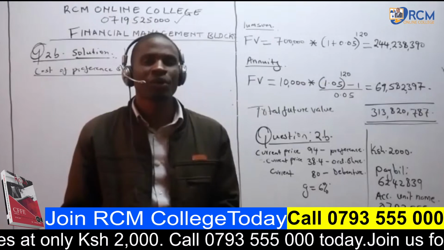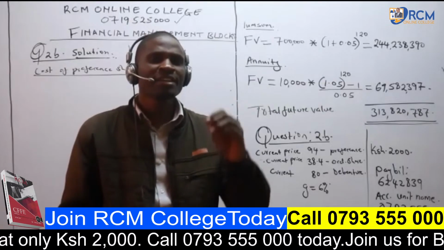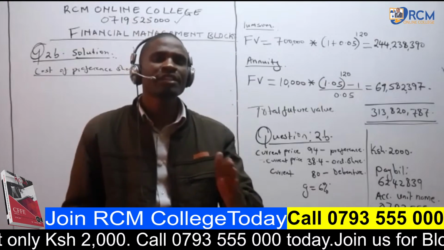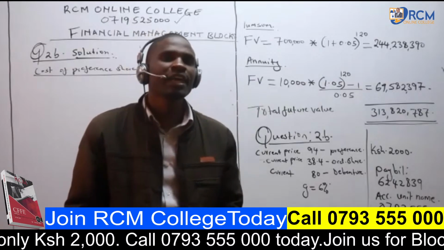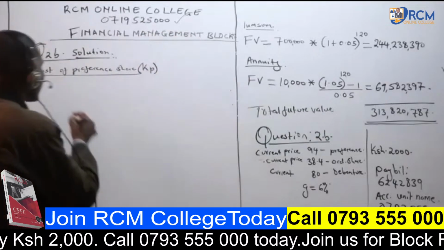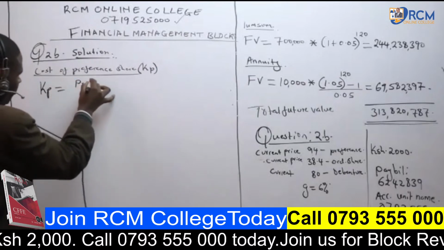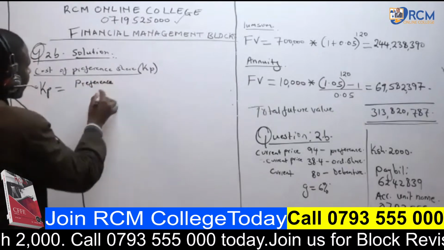Those people are correct. Because I know that the return of a preference shareholder is the preference dividend that they are going to get. Therefore, to get the cost of preference share, that is KP, will be preference dividend. Allow me to write it in full so that no one will confuse.